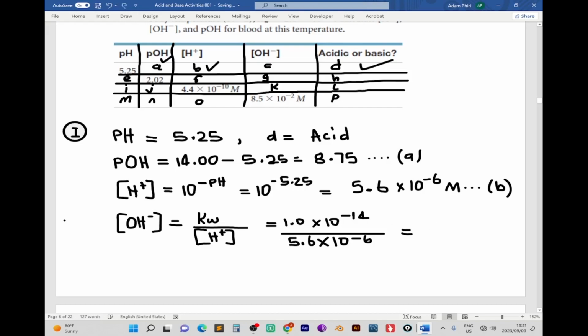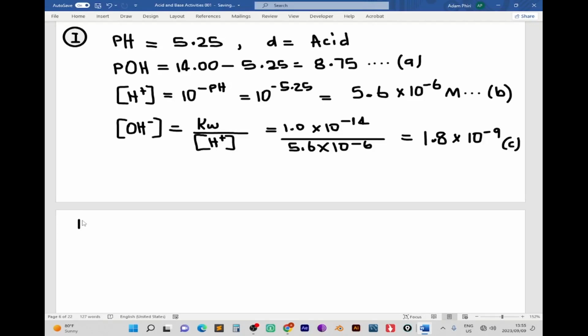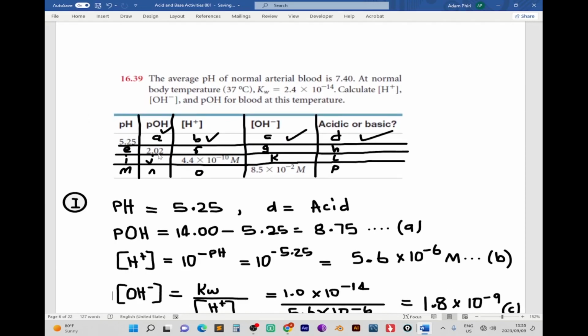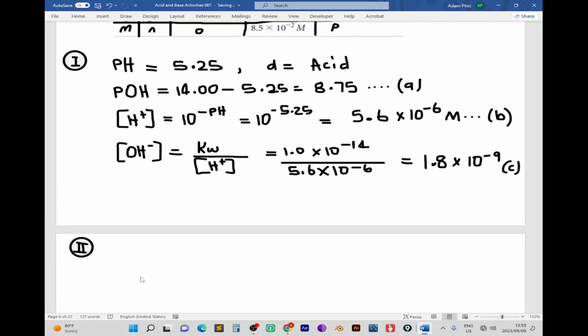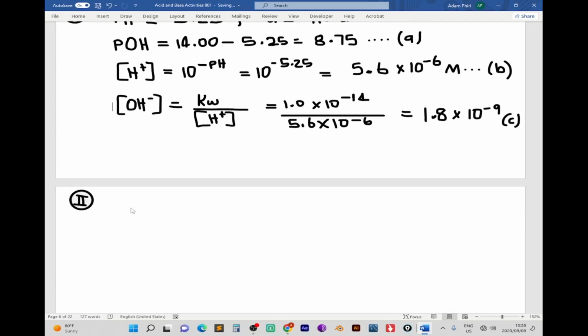Just let me calculate. Yeah, it's going to be 1.8 multiplied by 10 to the power negative 9. And once again, you can see that is the second one. That is our value for C.